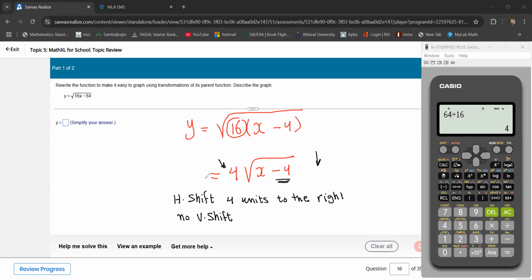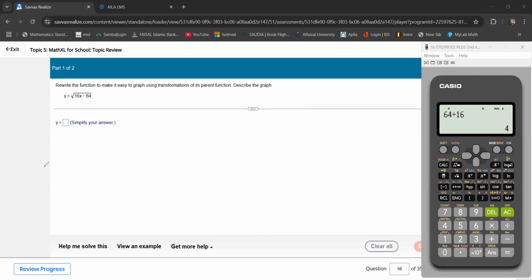And we have here the whole function multiplied by 4. So we can say that this is a vertical stretch with factor equals 4. So take a common factor, take the root, then describe. Moving on.